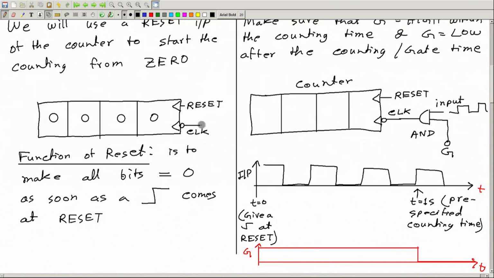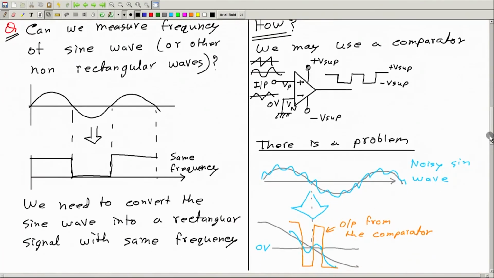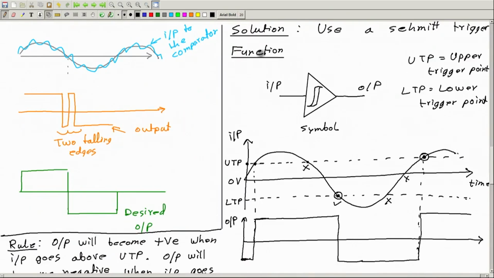But if the input signal is not rectangular, then we have to convert the sine wave or any other wave into rectangular wave. So that's what we are studying, how to convert a sine wave into a rectangular wave. And we have seen we can use a comparator, fine, no problem, but if the input is noisy like this, then we run into problem, because we get false edges, wrong edges. And then we said we can solve this problem using a Schmitt trigger.